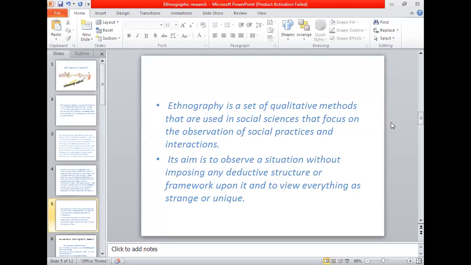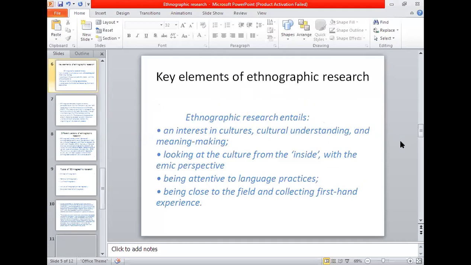We understand from the perspectives of the people, and then we make a theory, rather than testing a theory, which happens in deductive reasoning. So the researcher does not impose anything about the subjects or situations they have gone to study, but observes them as unique or strange.